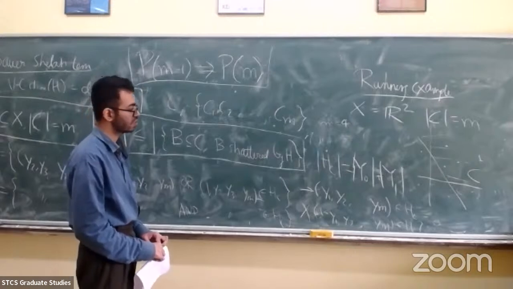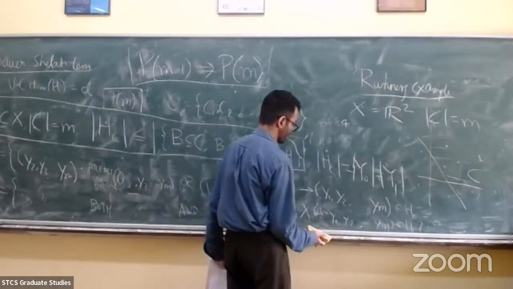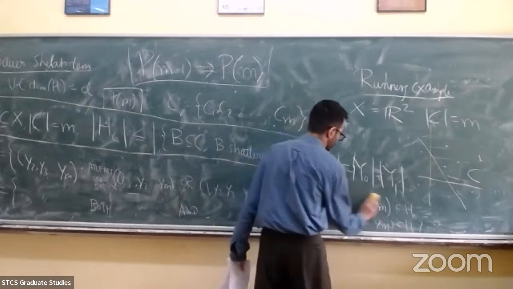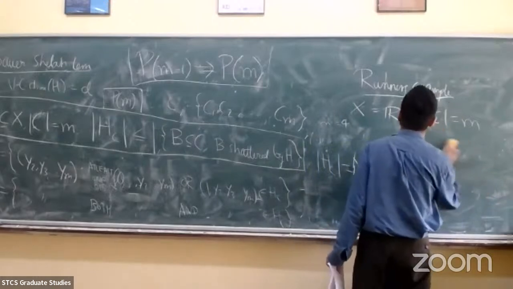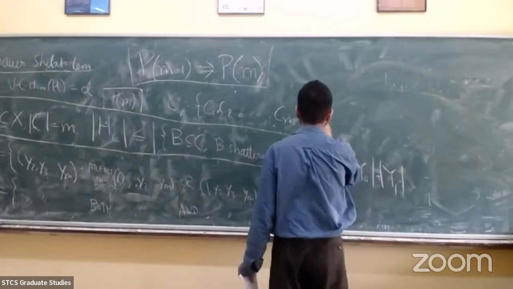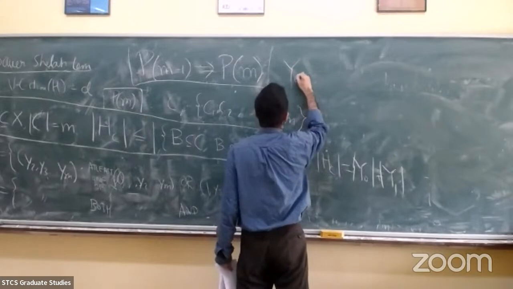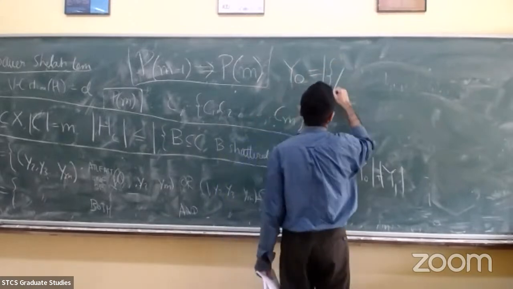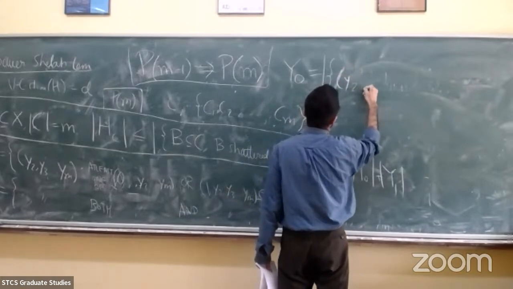Does that make sense? So let me write it formally. So I claim that, erase this now. So Y0 is exactly the number of y2 to yn.